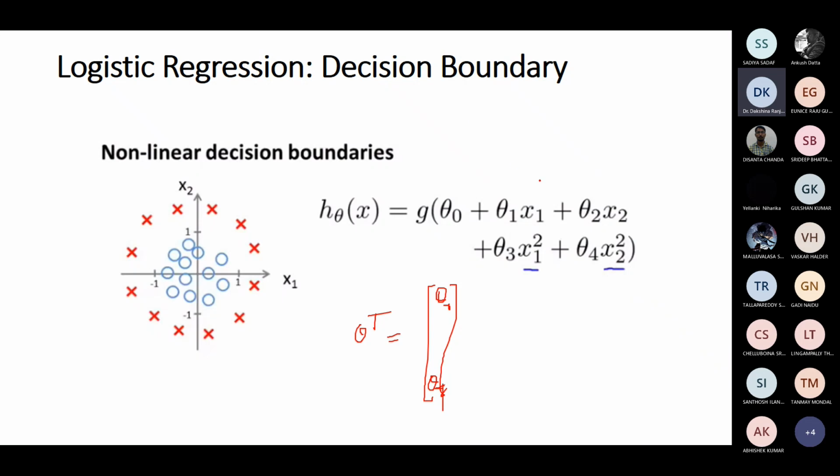We will put all the parameter values into this hypothesis equation, and then we will try to find the nonlinear decision boundary for these point distributions. Here we could see two different types of training examples plotted over this plane.